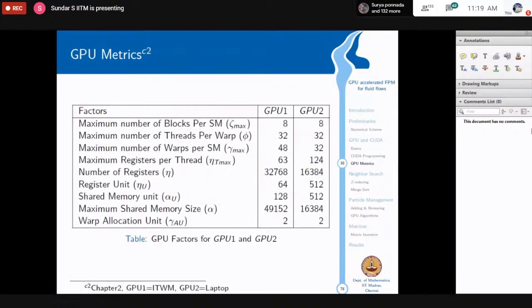It is very important that you know which GPU and what its configuration is.